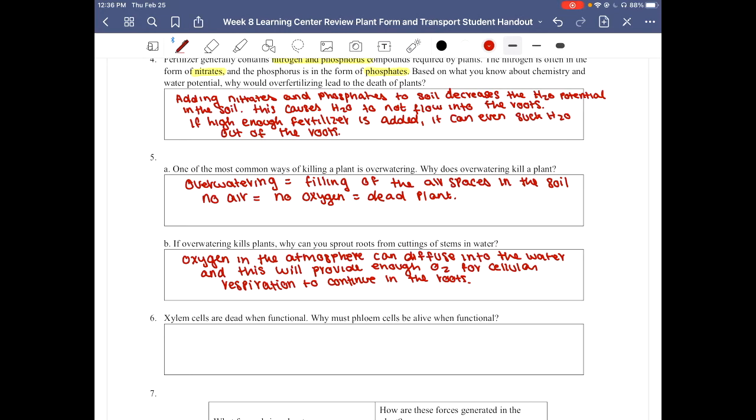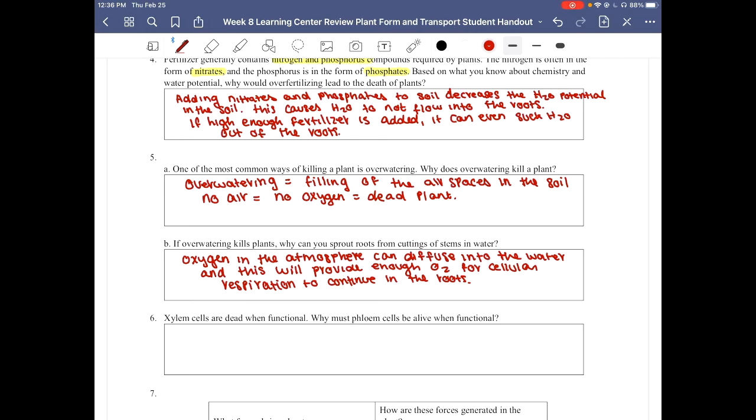Comment says, so you're saying the soil prevents the atmosphere oxygen from getting into the water in the saturated soil case. So in the saturated soil case, what I was trying to say is that oxygen forms air pockets within the soil itself, so that allows for the oxygen to go from the soil to the roots.